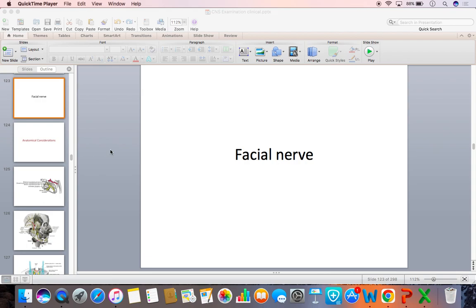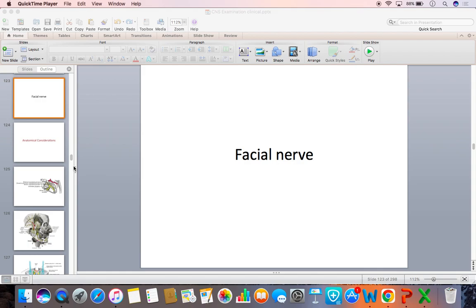And we also talk about the various lesions involving the facial nerve at the level of its nucleus in the pons and during its course through the brain and its course at the pontomedullary junction, and how it is subjected to injuries while it is coursing through the petrous part of the temporal bone. That means we are going to touch upon the upper motor neuron lesions and the lower motor neuron lesions of the facial nerve in this class.